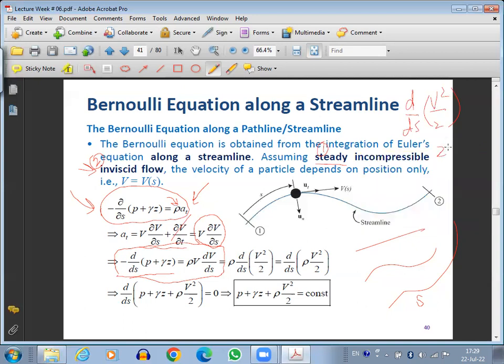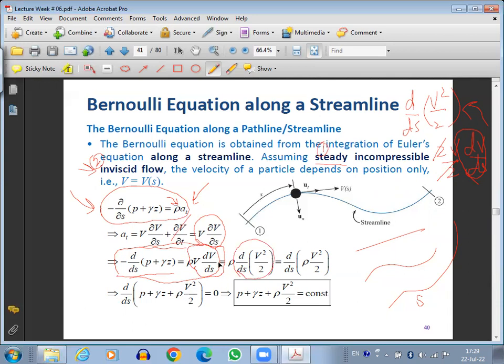It will be 2v upon 2 into dv upon ds, because it is differentiating with respect to s. Okay, 2 and 2 will cancel, right? So it is v dv/ds. So instead of writing v dv/ds, I can write d/ds of v square upon 2, because they both are the same thing. Right?